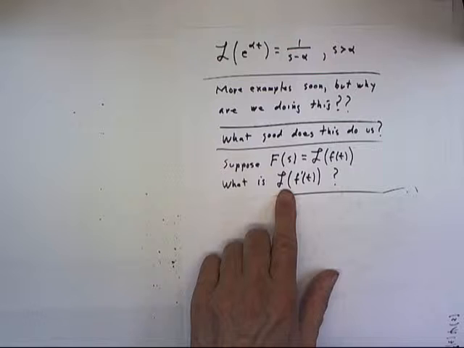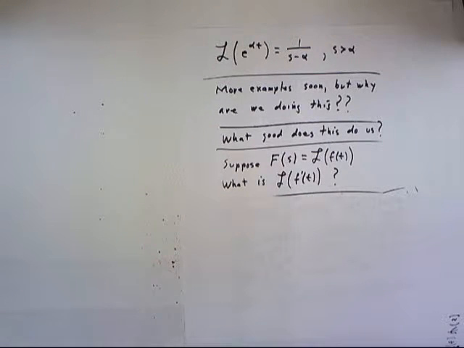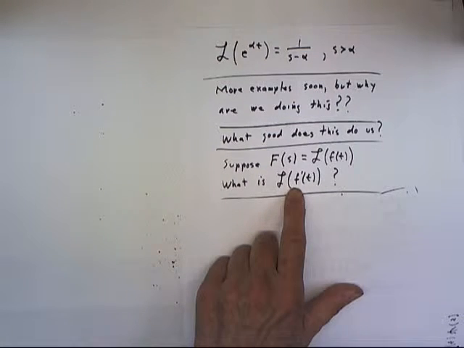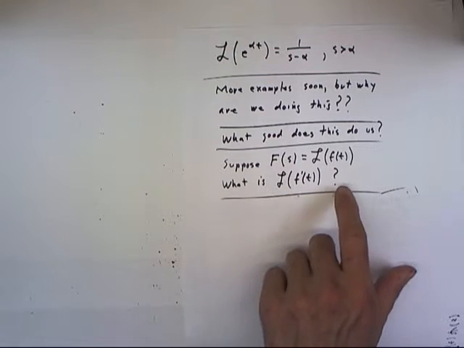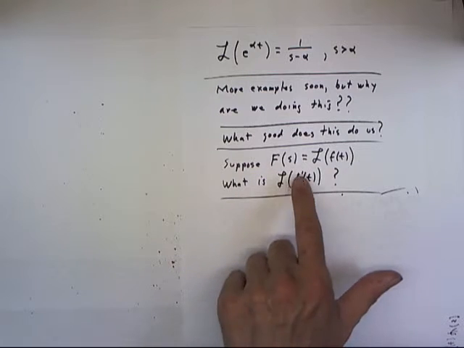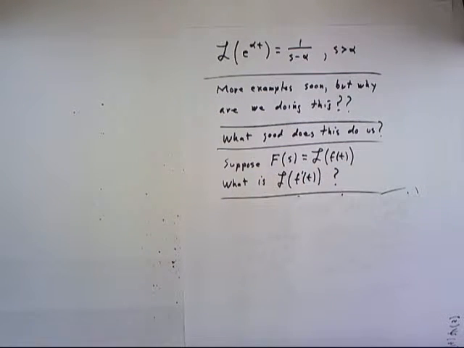The question is, what is the Laplace transform of the derivative of this function f? We're going to be able to express the Laplace transform of the derivative in terms of a property of the function f and the Laplace transform of that function f.